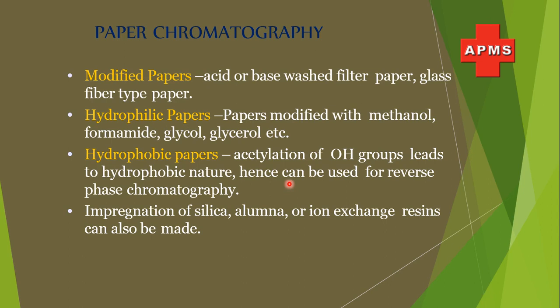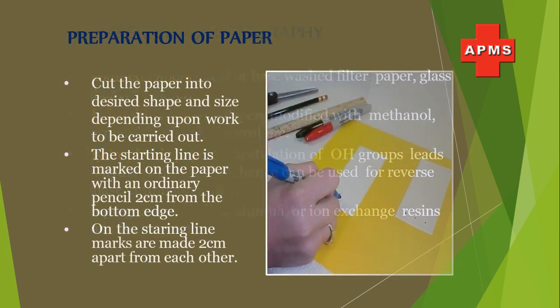Now the stationary phase is hydrophobic, or we can say non-polar, and here we will use a polar mobile phase. So the non-polar components which are present in mobile phase will be more attracted towards these hydrophobic papers. Impregnation of silica, alumina or ion exchange resins can also be made.